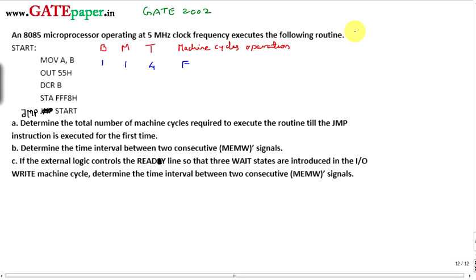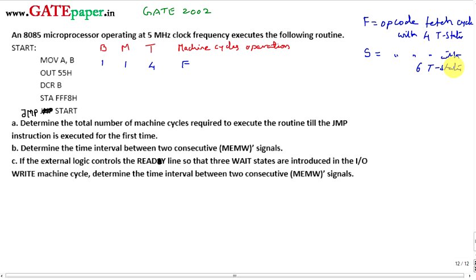So F means opcode fetch cycle with 4 T states. Whereas some instructions take 6 T states for the same opcode fetch, and that opcode fetch cycle with 6 T states is indicated with capital S.